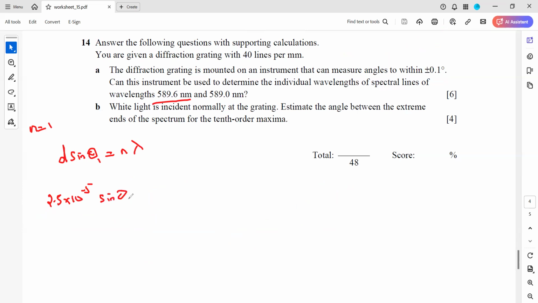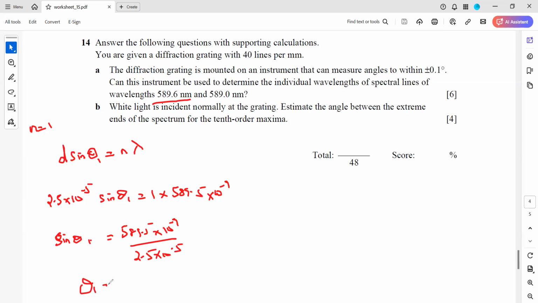Sine theta 1, we are finding first order, and the wavelength used is 589.5. Because it's nano, it will be exponent minus 9. So sine theta 1 will be equal to 589.5 exponent minus 9 divided by 2.5 exponent minus 5.